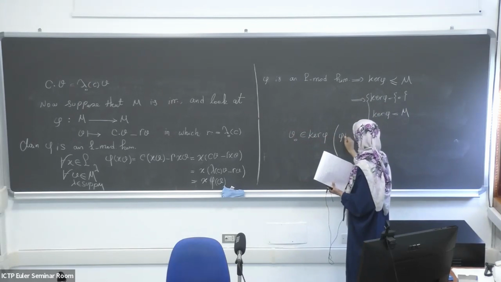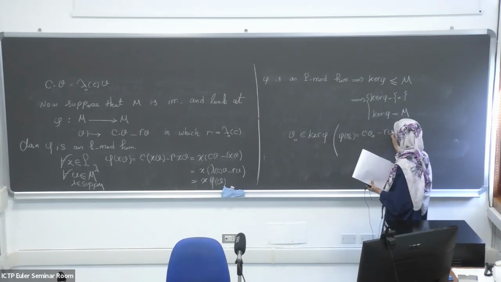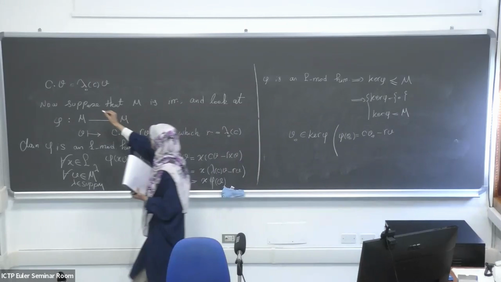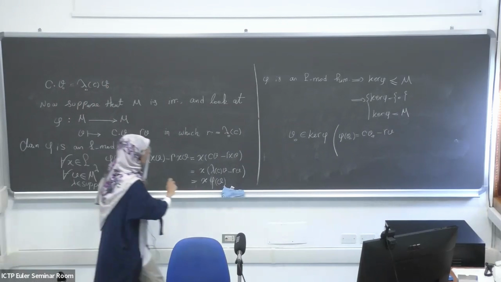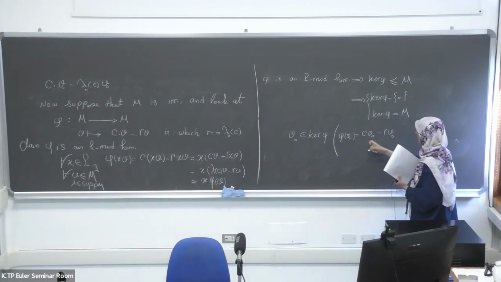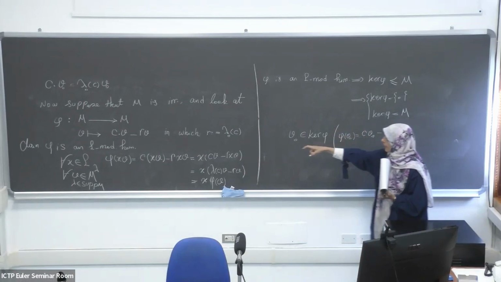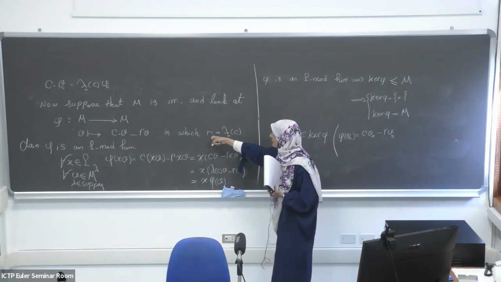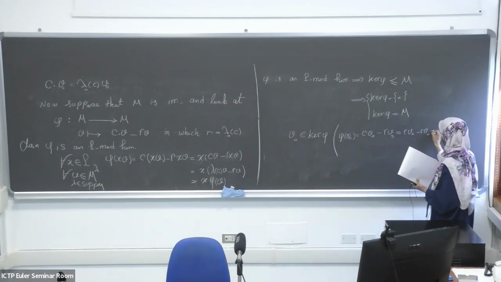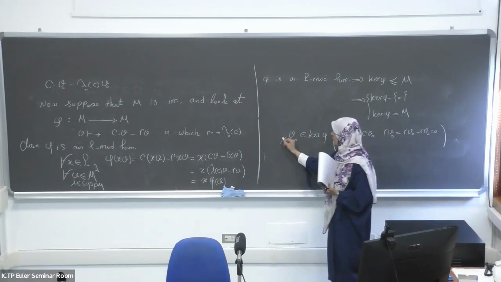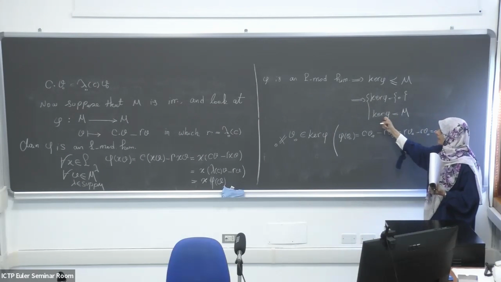Because phi V0 is CV0 minus RV0. So that's the V0 that we chose in M lambda 0. CV0 is lambda 0 C V0, and lambda 0 C is R. So it is RV0 minus RV0, which is 0. And we know that V0 is not 0. So kernel of phi is not 0, so we get that kernel of phi is M.